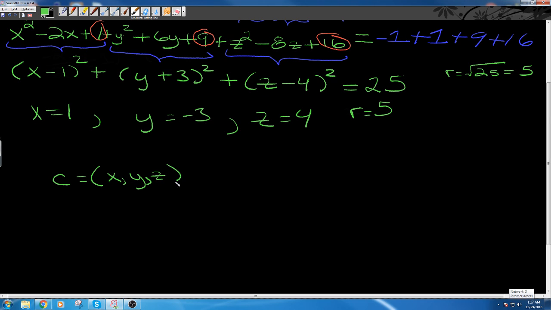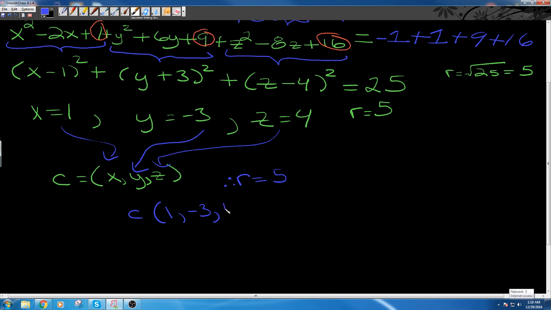And so we know that our radius is 5, and finally our center of the sphere is 1, negative 3, 4, and there we have it. That is how to find the center and radius of the sphere.